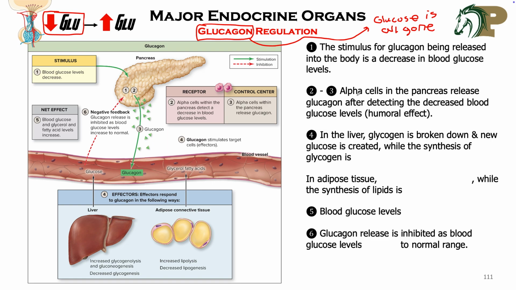Remember, that is that process called gluconeogenesis. And the synthesis of glycogen is going to be inhibited. Breaking down glycogen in order to get glucose, we want to inhibit the creation of glycogen.